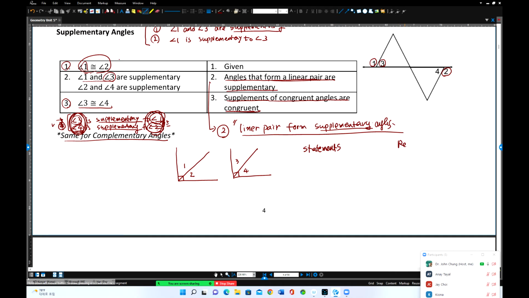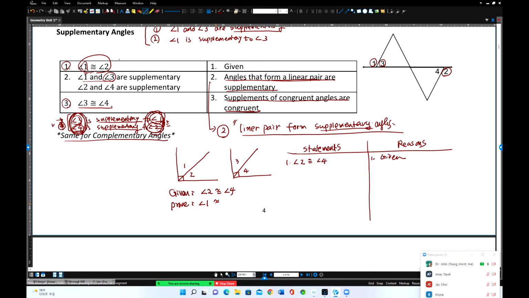The next one is the reasons. You have two columns. First one is given. This is given. Angle 2 congruent angle 4. That's the given. From here, we're going to prove. This is given. Given is angle 2 congruent angle 4. We're going to prove this one. Prove what?